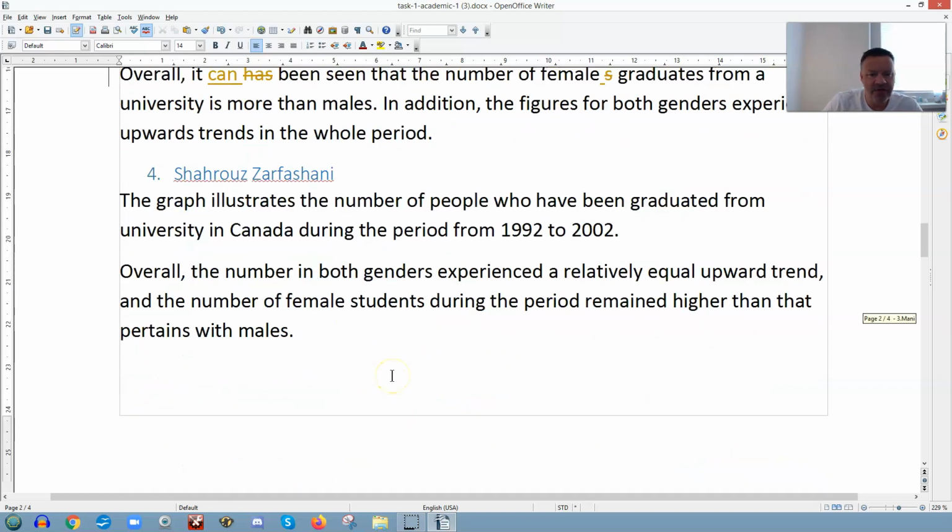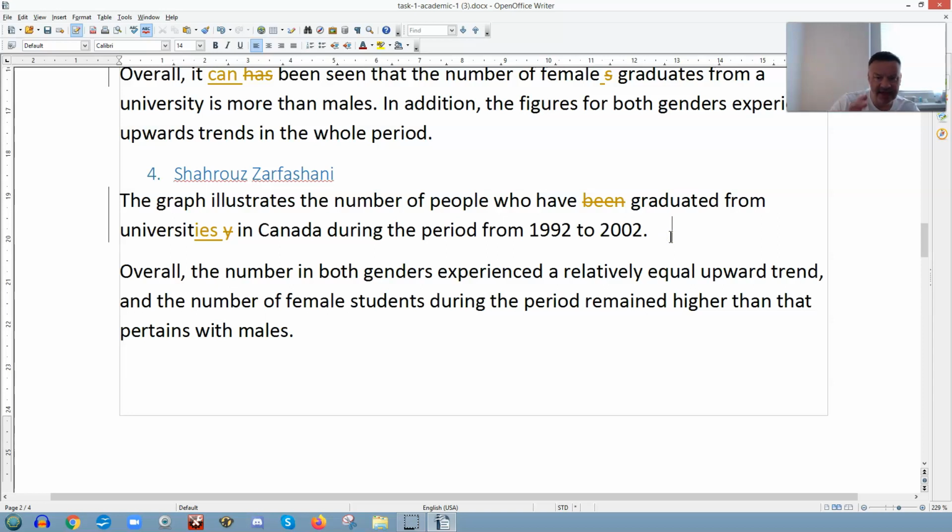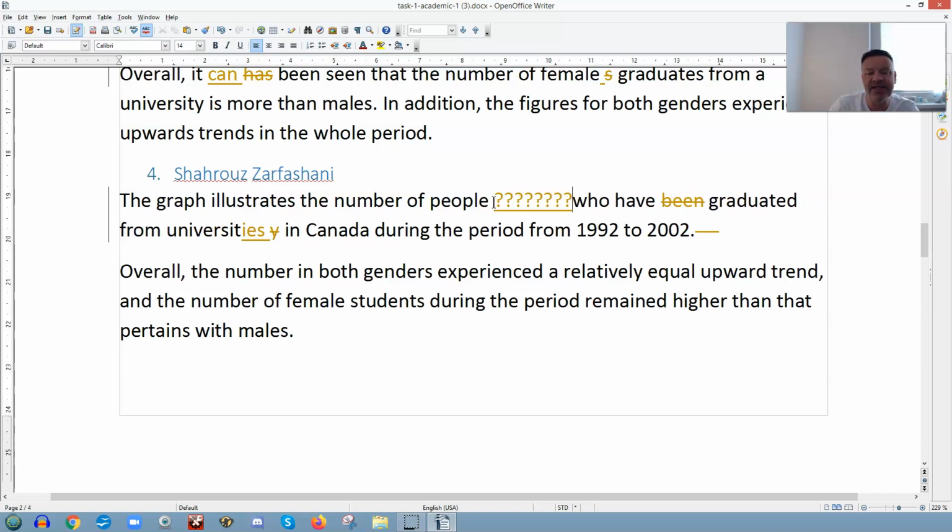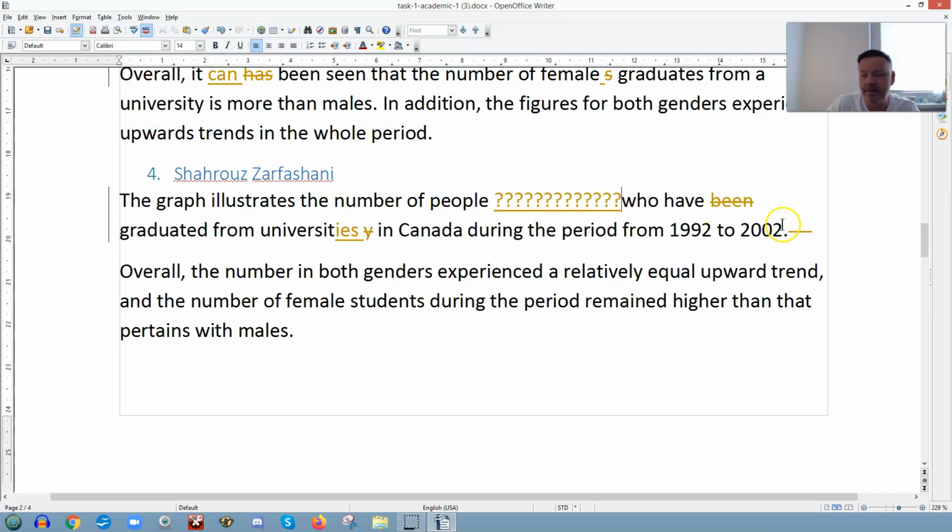The graph illustrates the number of people who have been graduated. Why is it passive? Who have graduated from universities. It's the whole of Canada during the period of 19. Again, we've got the same thing. You have to tell us. Now, I know here you say the number in both genders, but I would put it in the introduction: of both sexes or both genders, measured in tens of thousands.